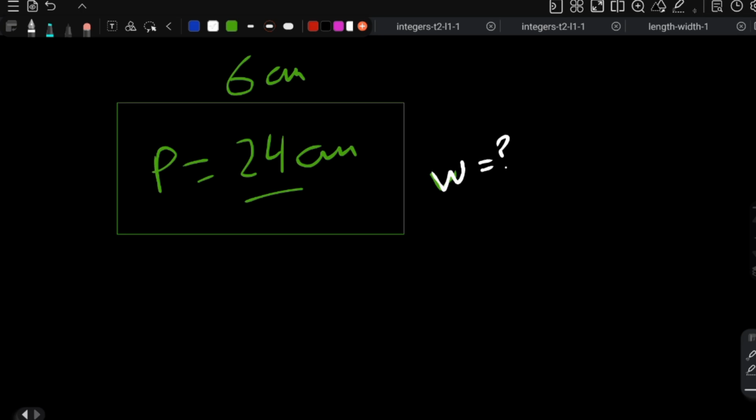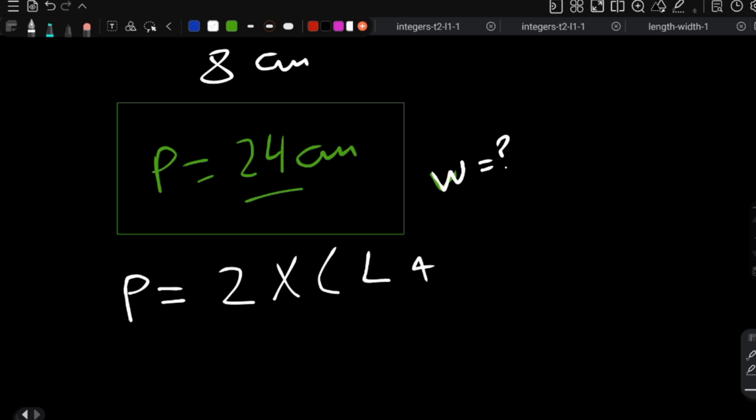Do you remember the rule of the perimeter? Yes, exactly, Mr. Lawan. Let's move this 6 here, but 7, no, not 7, let's make it 8 centimeters here. Okay, so do you remember the perimeter rule? P equals 2 times length plus what?